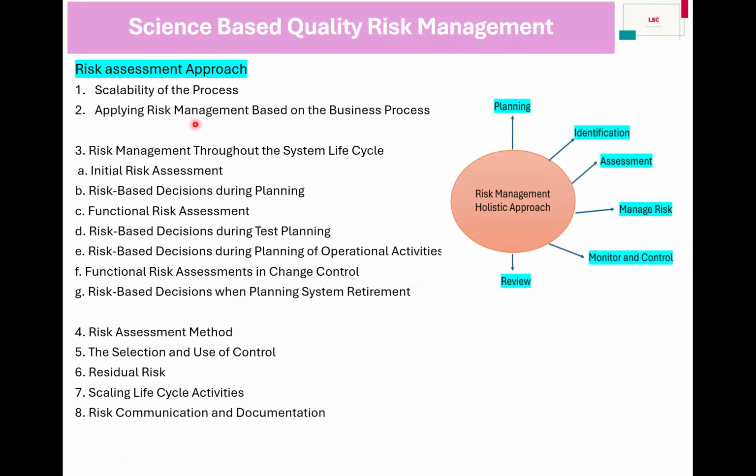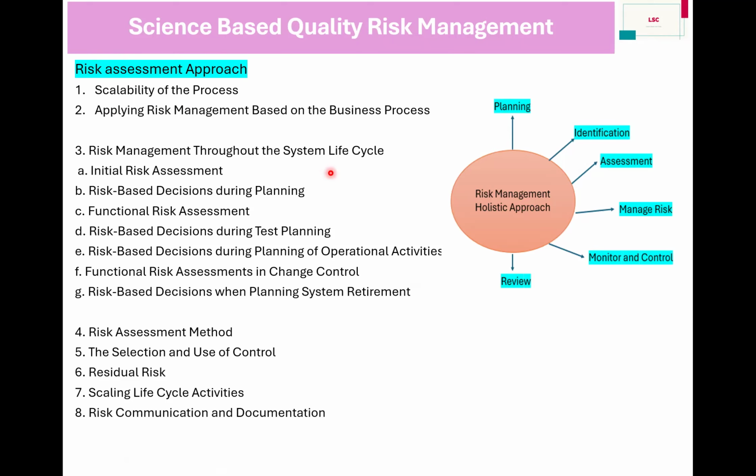Then applying risk management based upon the business process, right? Your business process should be related to your routine process, right? So what are the hazards there? What will be the harms? What is the impact on your 3 pillars, patient safety, product quality and data integrity?